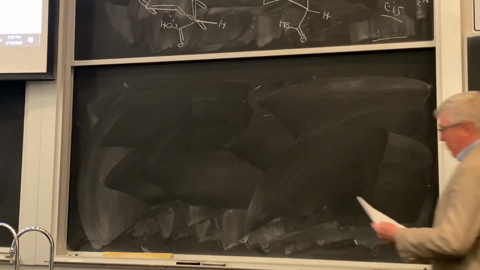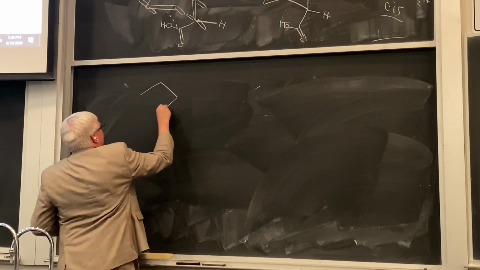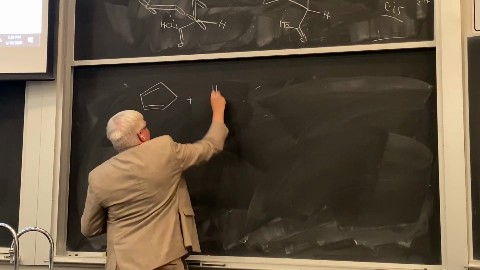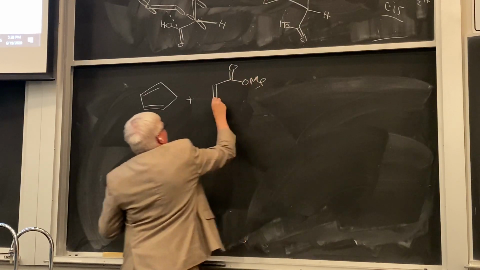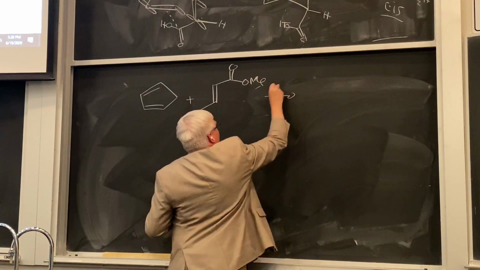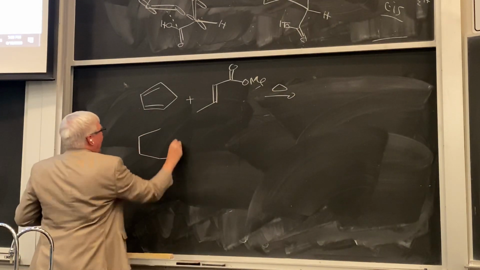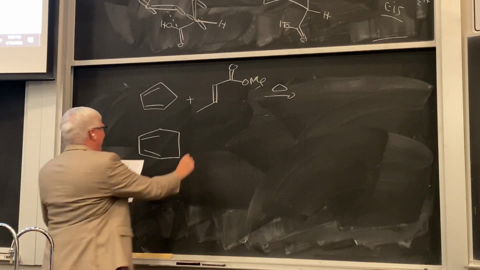So let's see. How about back to cyclopentadiene with the unsaturated ester. Oh, and let's put an extra methyl group there. Let's see about that one. How about cyclohexadiene? Oh, make it a little more complicated.